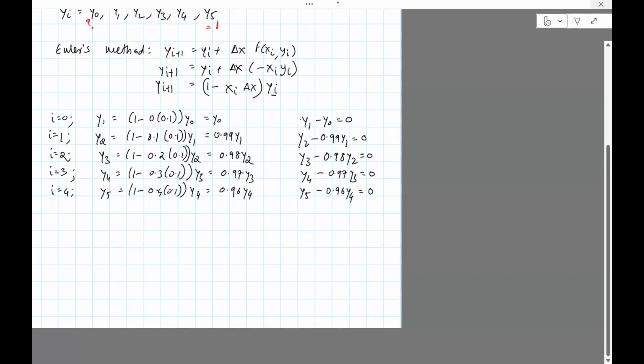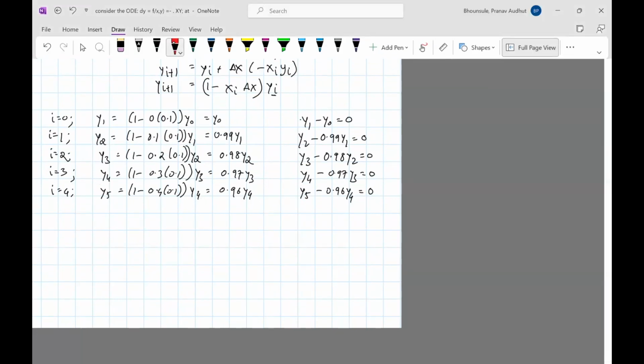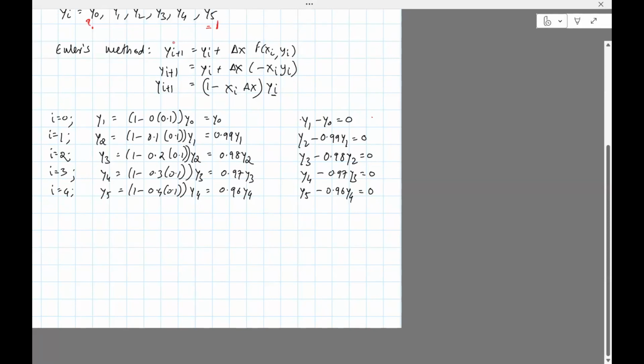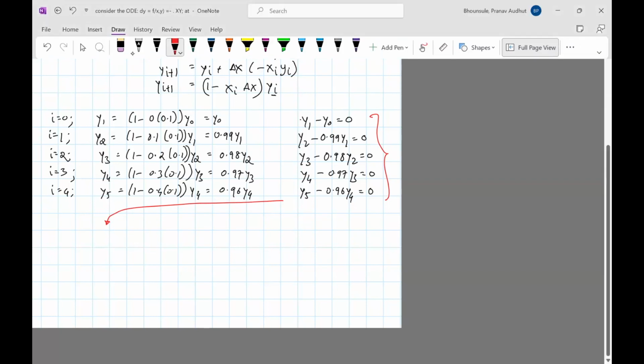Okay, so I'm going to use these to set up an equation, which I'll write down here. So how many unknowns are there?